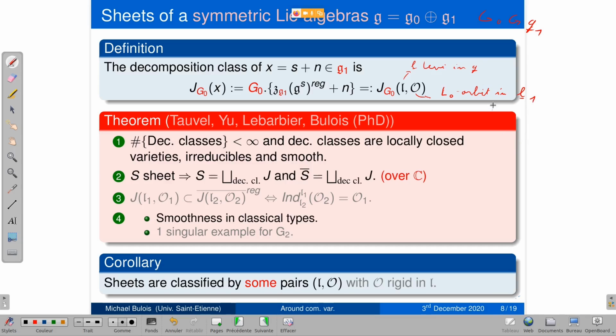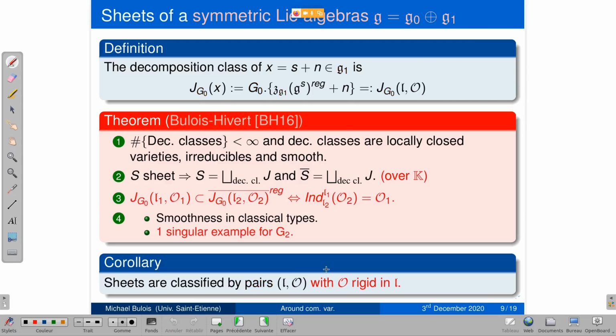So the Levi has to satisfy something. It has to be the centralizer of a semisimple element in G1. And what I want to present are our results with Pascal Hivert. And those results state what was missing here.